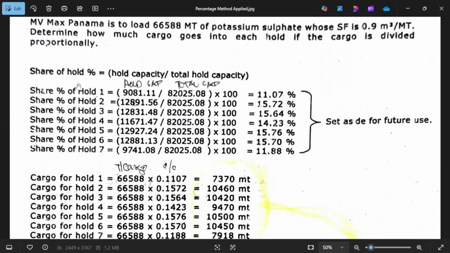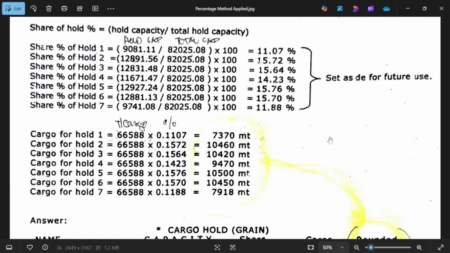When you use this share of hold percentage, that equals the hold capacity over the total capacity times 100, and you will get the percentage of each cargo hold. So you just put here the total amount of cargo to load multiplied by your percentage in each hold, then you get the amount of cargo in each hold. So this is very convenient, guys, for the start.